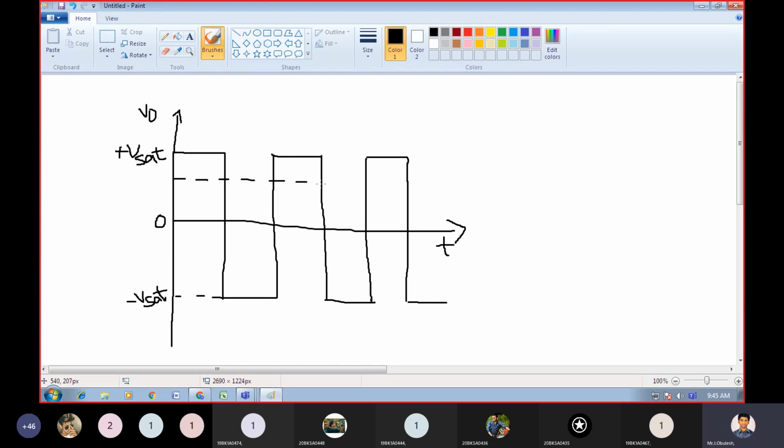We will do the experiment on this astable multivibrator in the laboratory session. We'll see it in that also. This is the lower threshold voltage, VLT. This is the VUT.